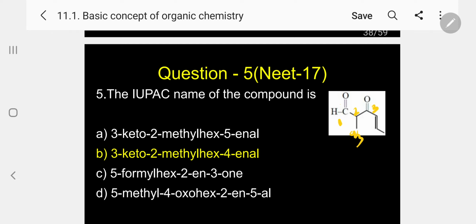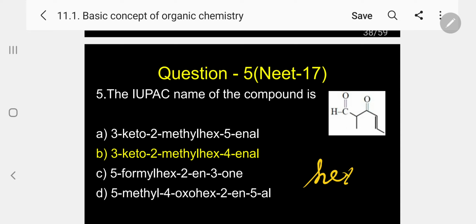Then a double bond is present here, at the 4th carbon atom. How many carbons? 1, 2, 3, 4, 5, 6. The parent is hexane, but since a double bond is present, instead of hexane I will use hexene.